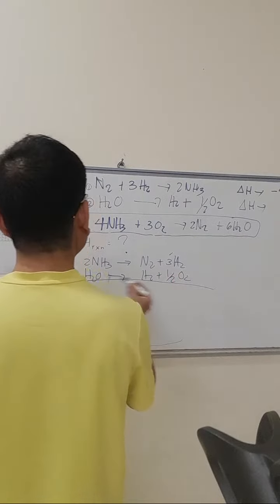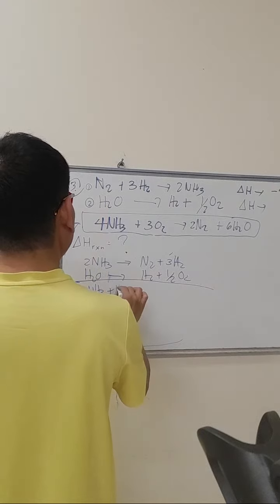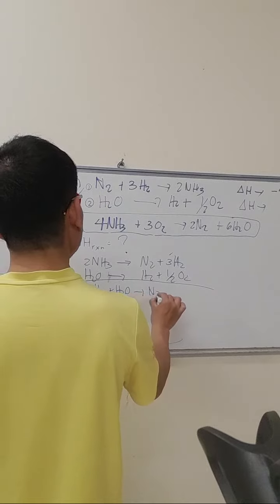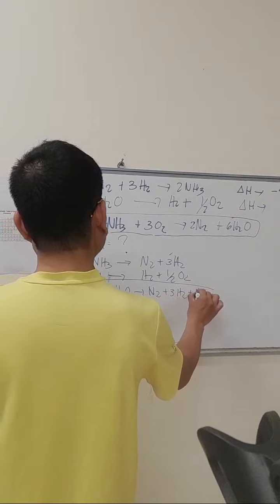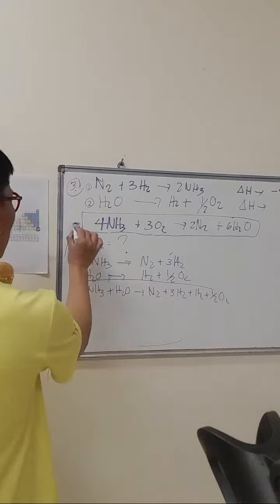Then add them: 2 moles of ammonia plus water is equal to nitrogen gas plus 3 moles of H2 plus H2 plus 1/2 mole of oxygen gas. Take a look, is it the same chemical reaction?